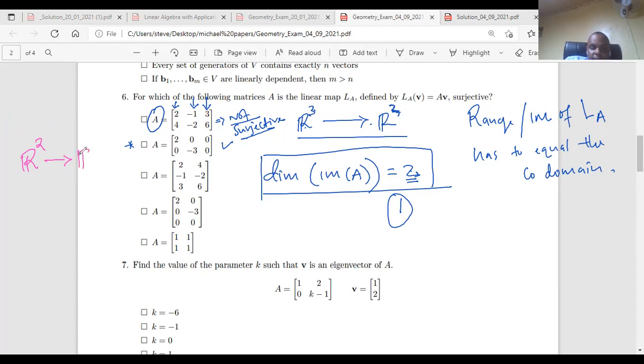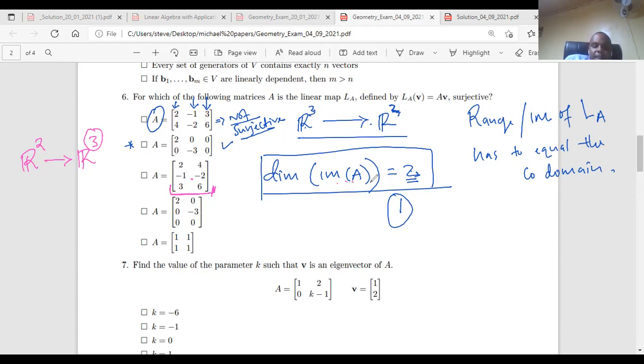So you need to look at its column space and find out whether the dimension of its image is going to be 3. Actually, just by looking at it, the dimension of the image of this one is 1, because it's the same as A, but just transposed.